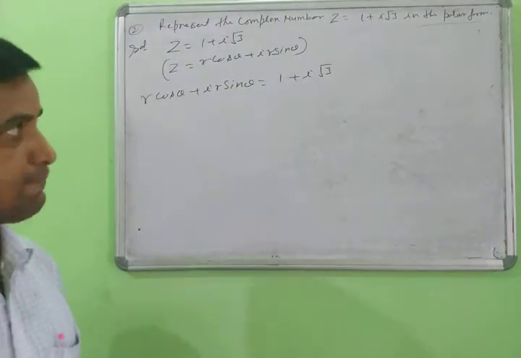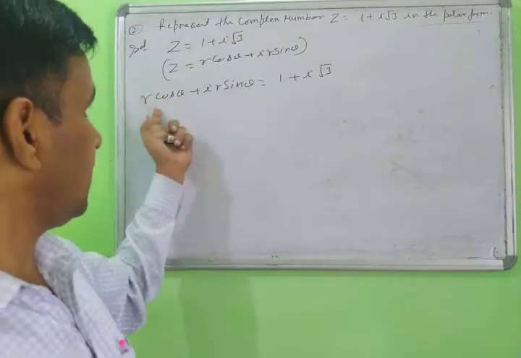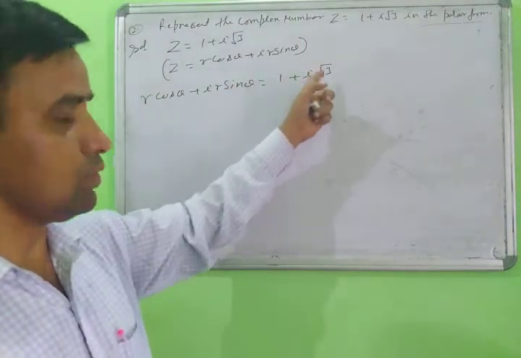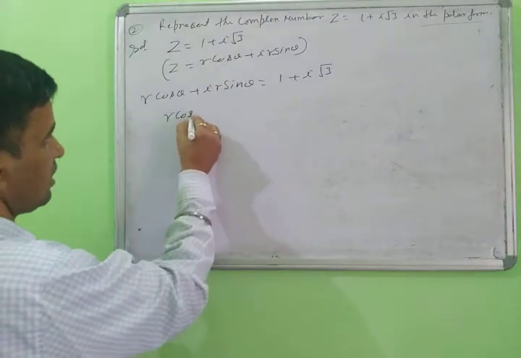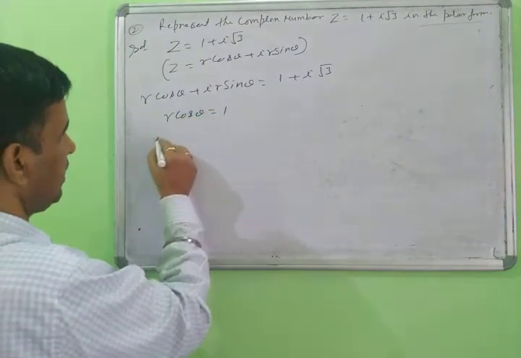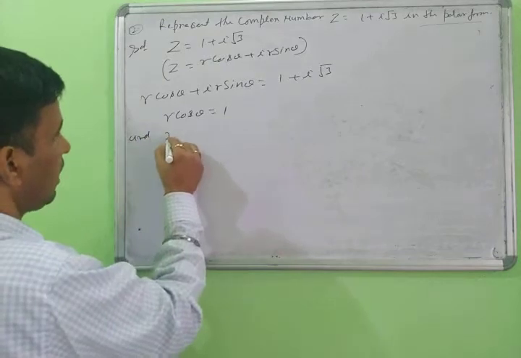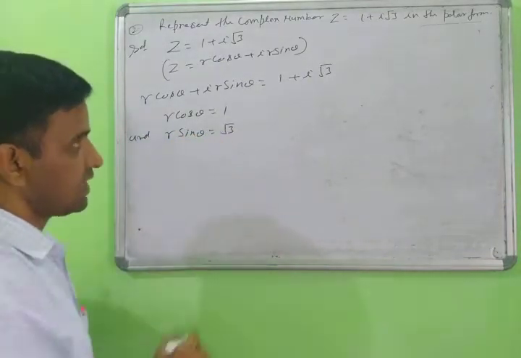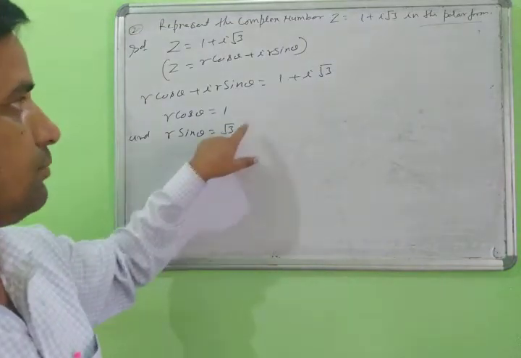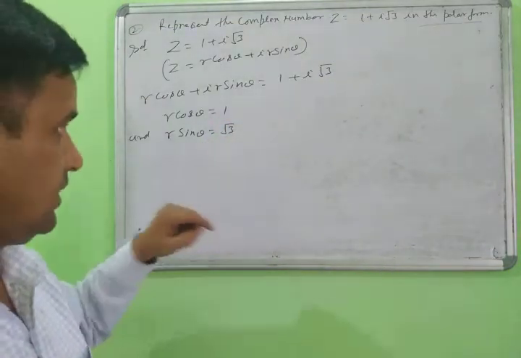After that, you equate real part to real part and imaginary part to imaginary part. So r cos theta equal to 1 and r sin theta equal to root 3, with the sign. Here it is plus sign, then plus. Suppose you have a minus sign, then you also use the minus sign.